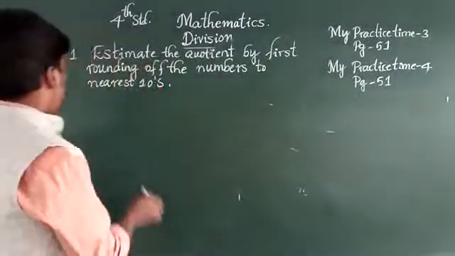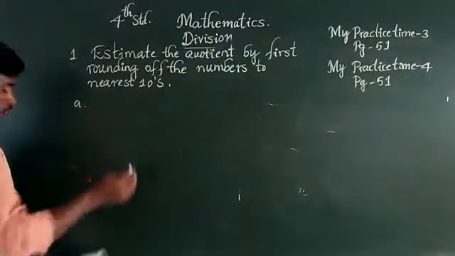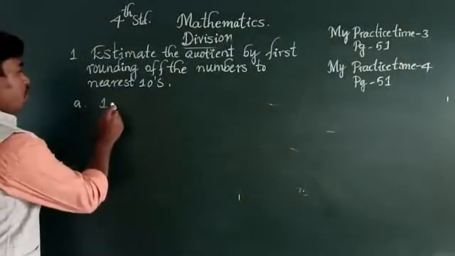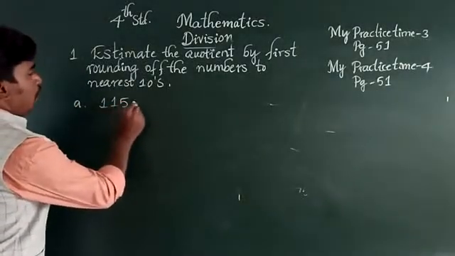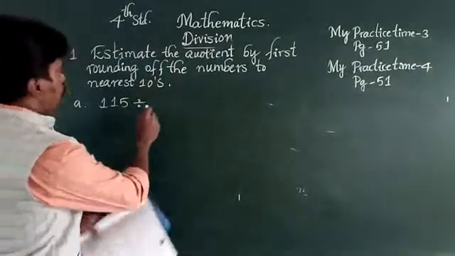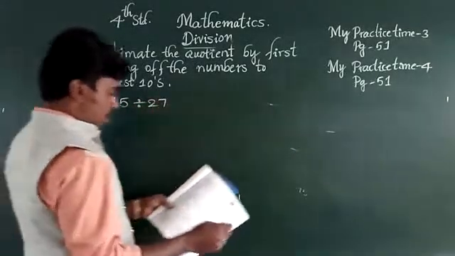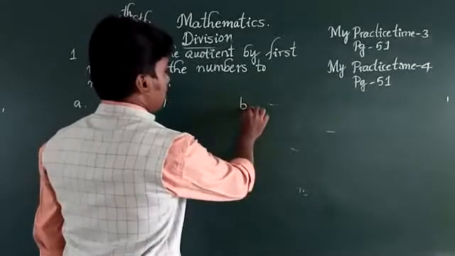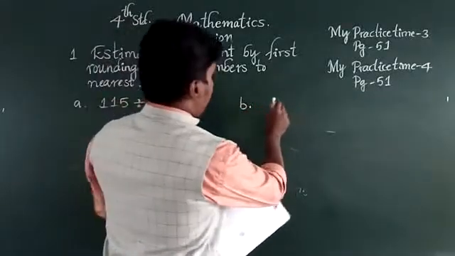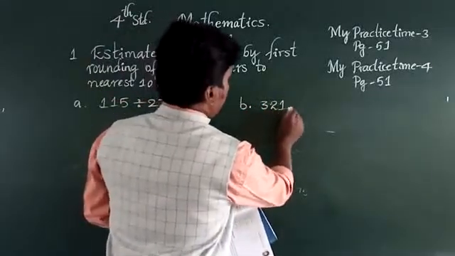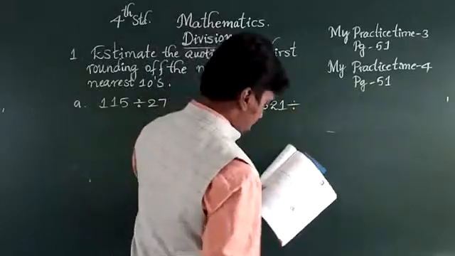So first I have taken only 2 questions because these are very easy questions. A: 115 divided by 27. Next is B: 321 divided by 83.